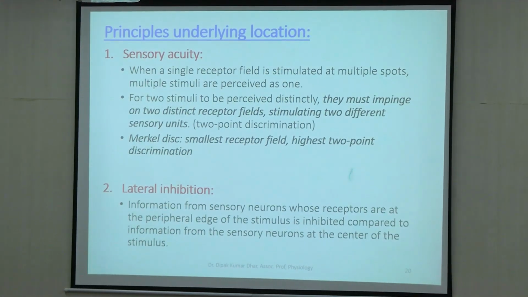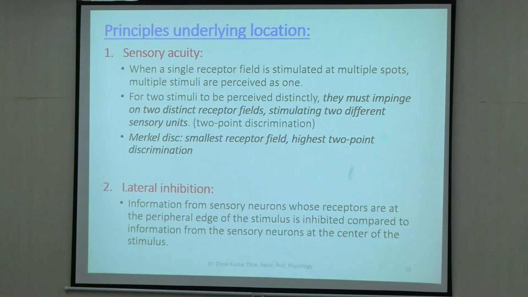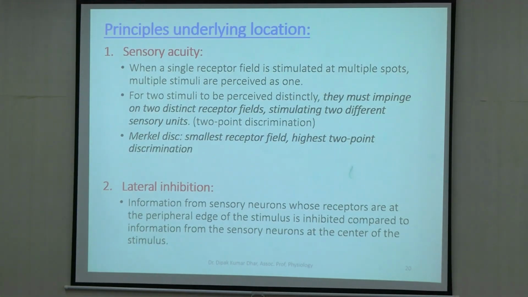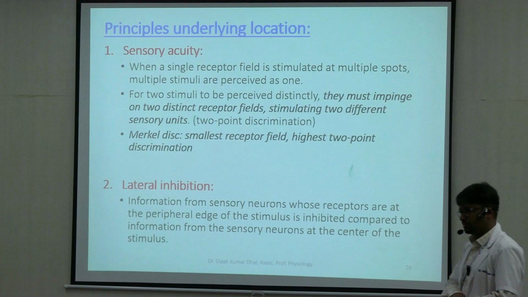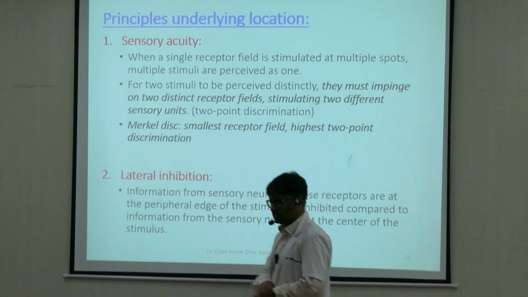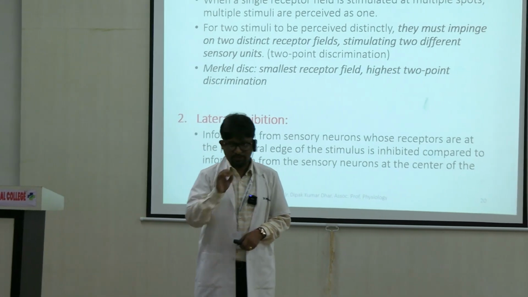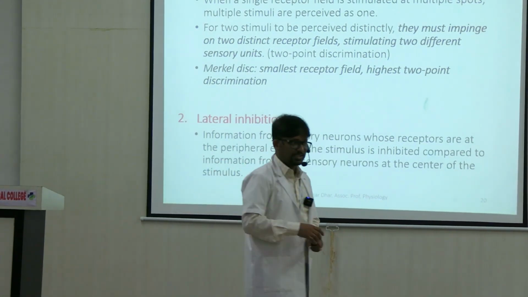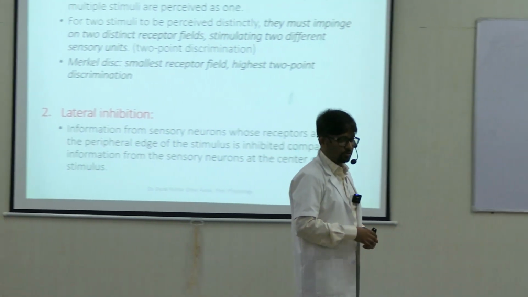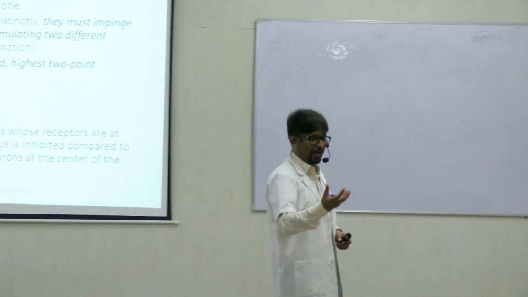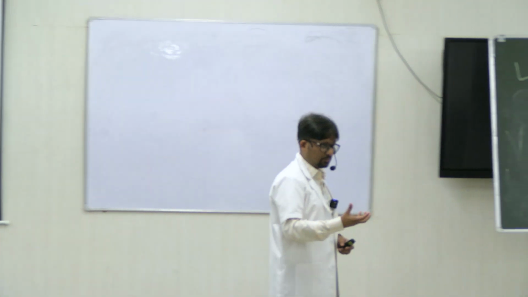Now what if there are 2 or 3 stimuli? How does the brain know, or how do we understand, that there is not a single stimulus but 2 or 3 different stimuli? This property is called sensory acuity or resolution. See, in microscopy you have learnt about resolution. What does it mean?